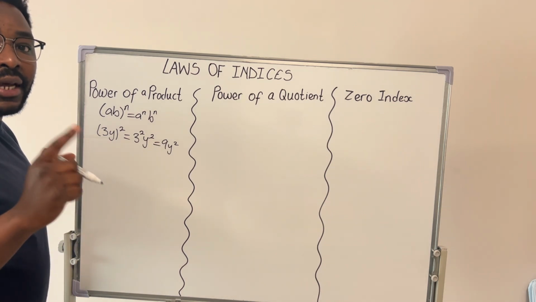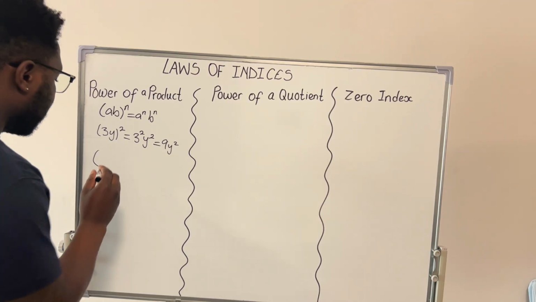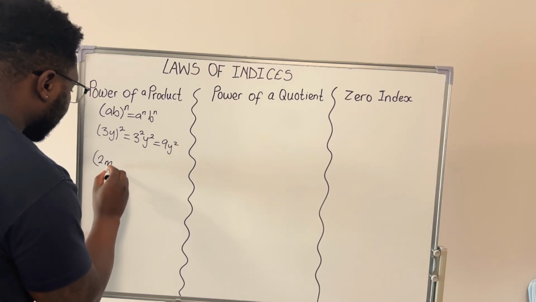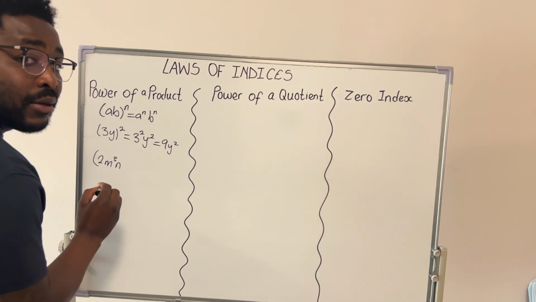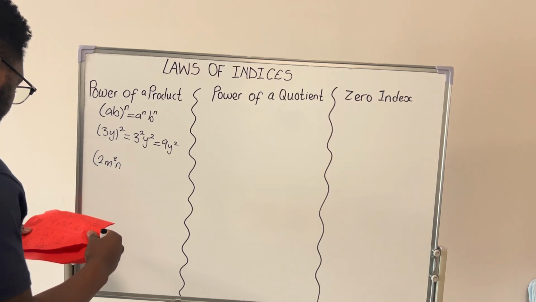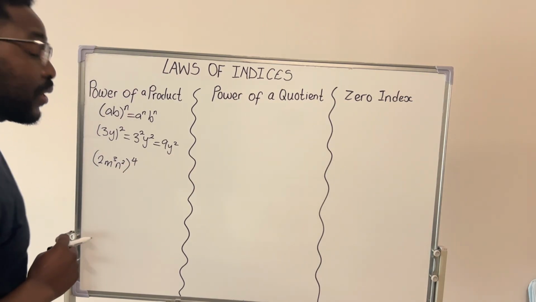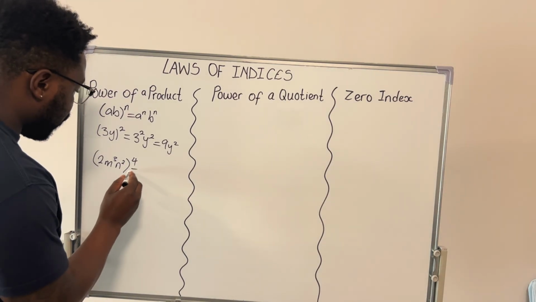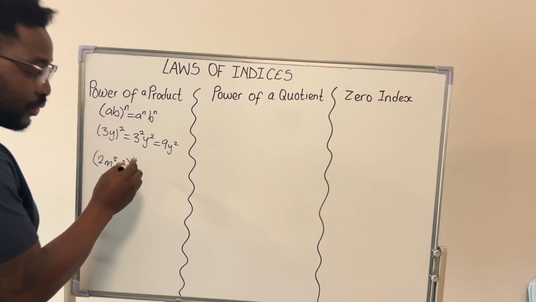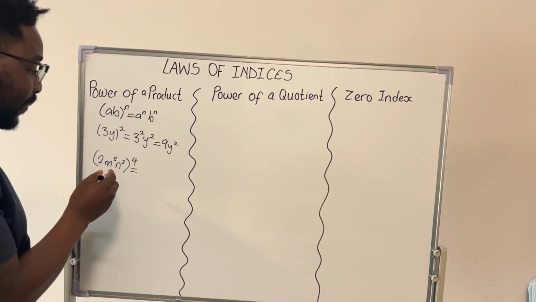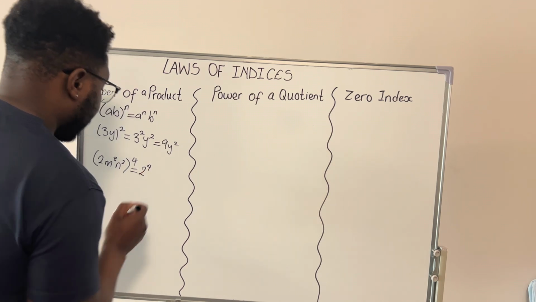Let's look at another example. Let's open our brackets: we have 2m cubed n squared, all raised to the power 4. What do we have to do? We just have to distribute this index to all the factors that we have here. So that will be 2 to the power 4.